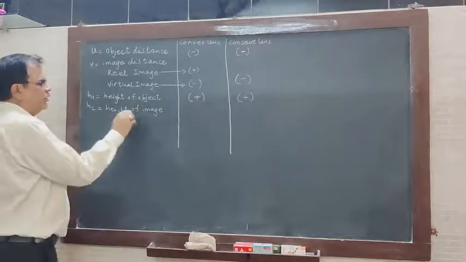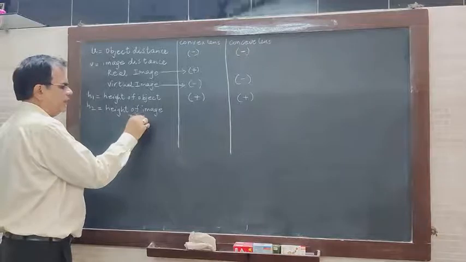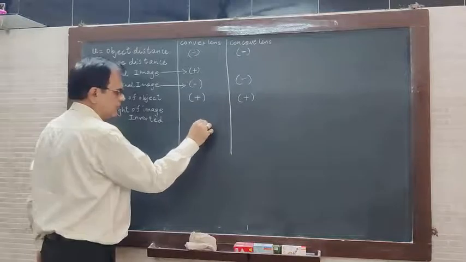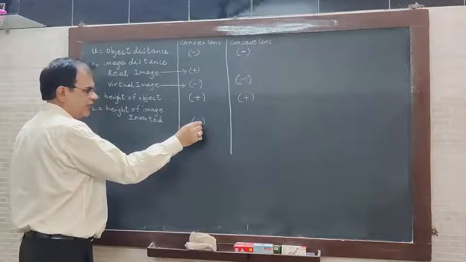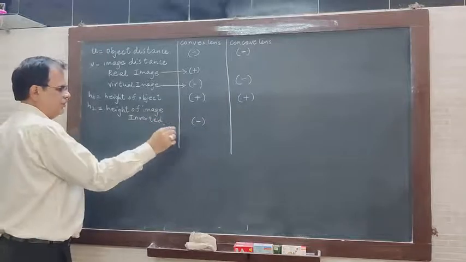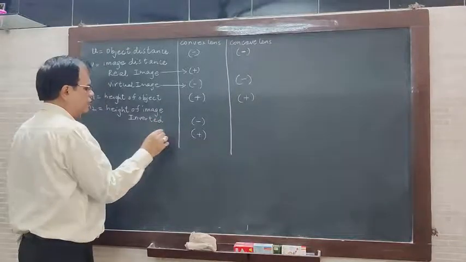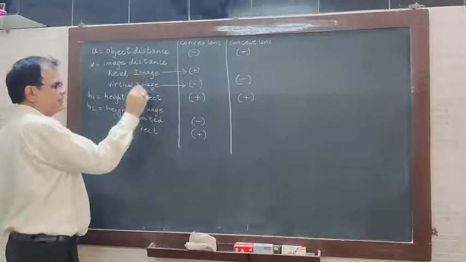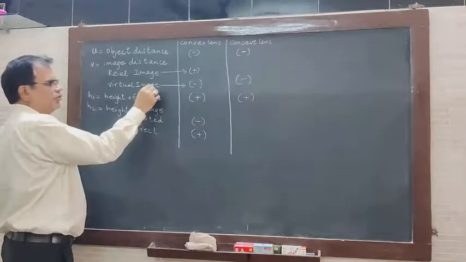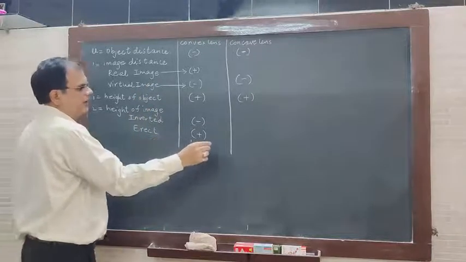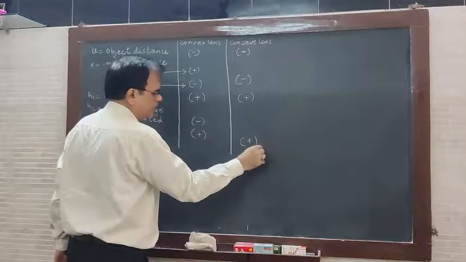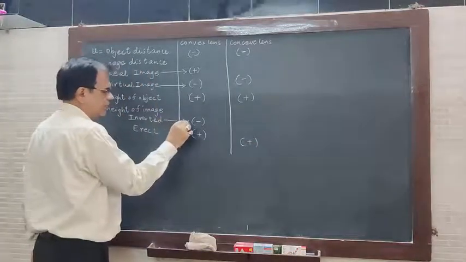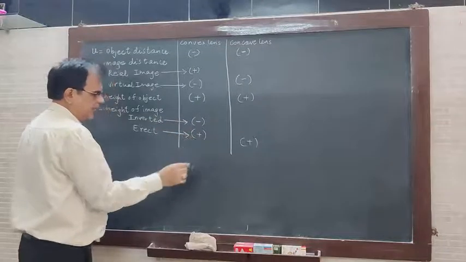If you get a negative H2, it is an inverted image. If you get a positive answer for H2, it is an erect image. So real images are always inverted, virtual images are always erect, and for concave lens you always get a positive value because you get only a virtual image, so it is always erect.